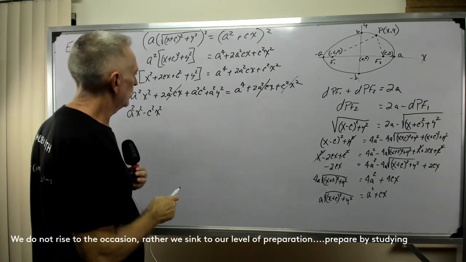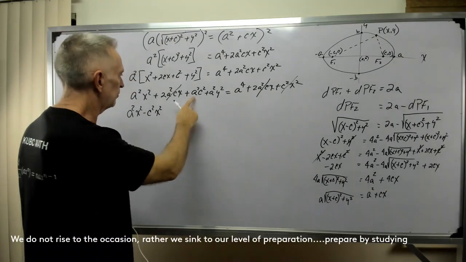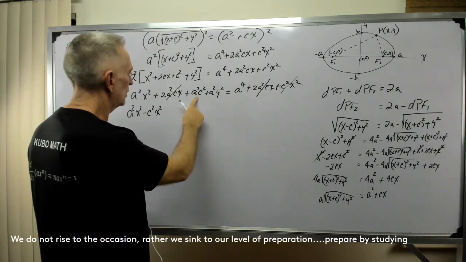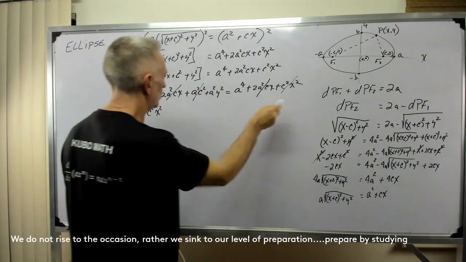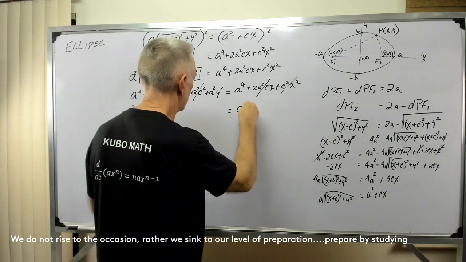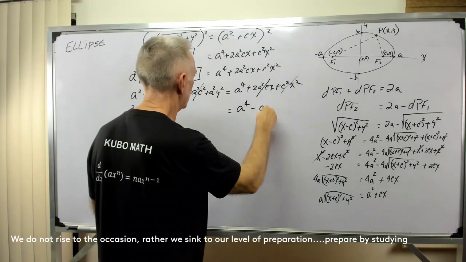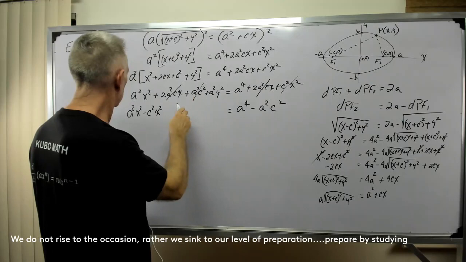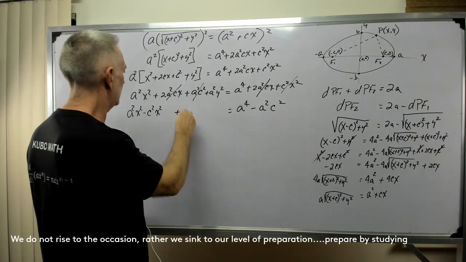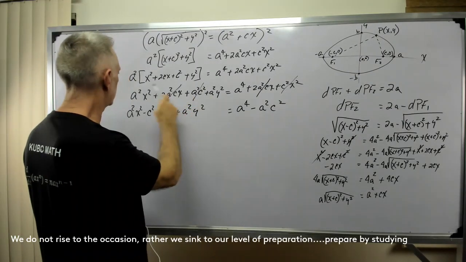Let's see, what else can we do? Let me subtract a squared c squared from this side and move it over here. So that's a to the fourth minus a squared c squared, so plus a squared y squared. So that gets all the terms.